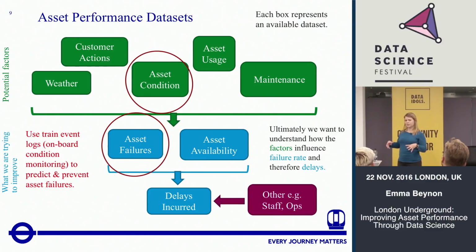Some of them are more sophisticated than others. I'm going to look at one of the older systems, so it's not as sophisticated as some of the other ones that have more data. Using these train event logs, hopefully I'll be able to predict when failures are going to occur. And we looked at this for one particular type of failure.